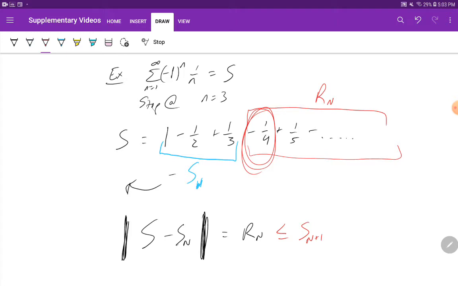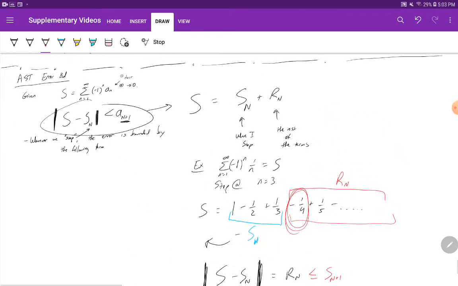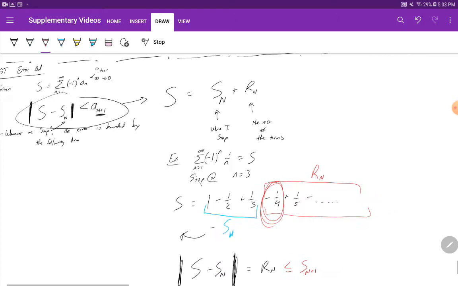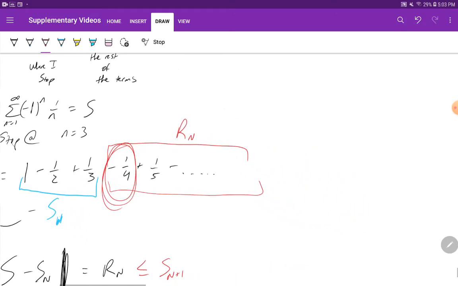All right. So that's essentially the heart and soul of this error bound. You're just looking at the next term from wherever you stop, and using that to create a window of where your real answer lives. So let me follow through with this example.